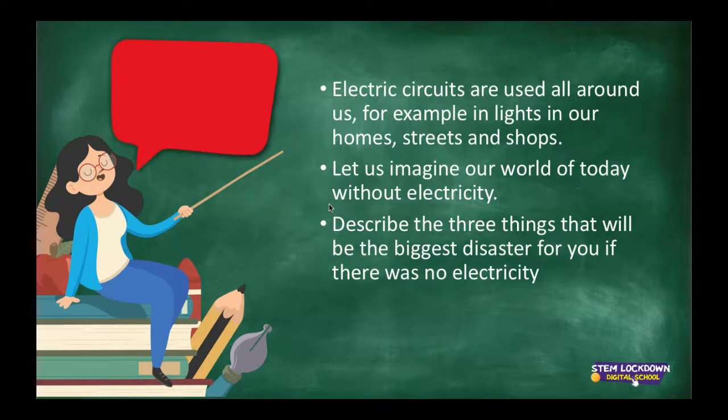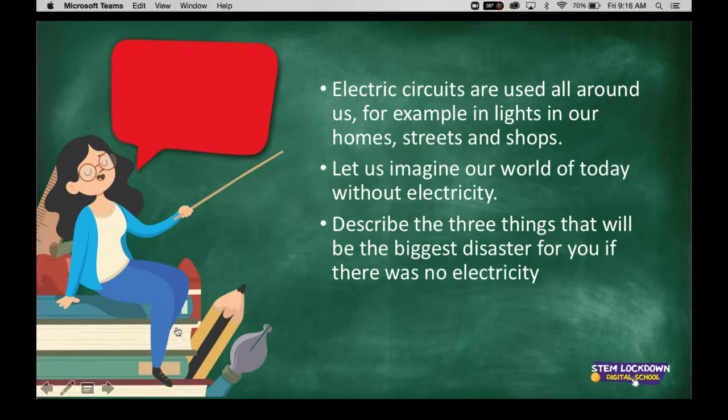And I want you to tell me, the third bullet point, to describe the 3 things that will be the biggest disaster for you if there was no electricity. What would be the biggest disaster for you? So what would possibly go wrong if you had no electricity?